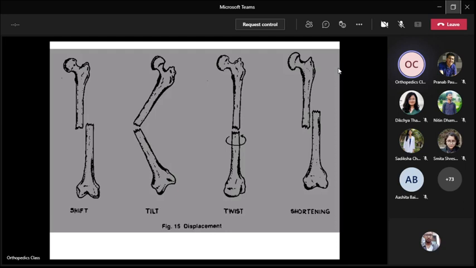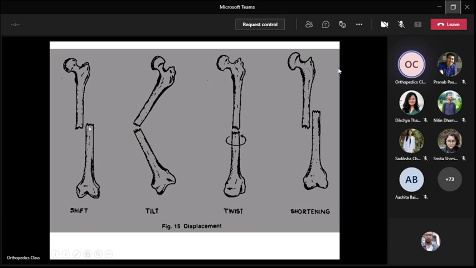So in this picture, this is in contact with the bone. The distal fragment, what is happening over there? It should remain over there. It has shifted this way, isn't it? So this is called shift.